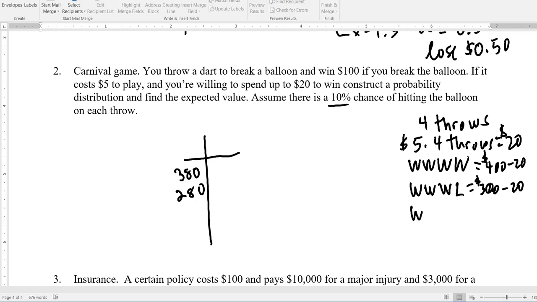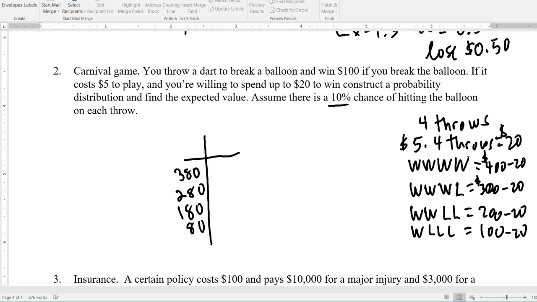What if I only won 2? I'd win 200. I'd pay 20. What if I only won 1? I won 100. I paid 20. And what if I lost every throw? I'd lose 20 bucks.